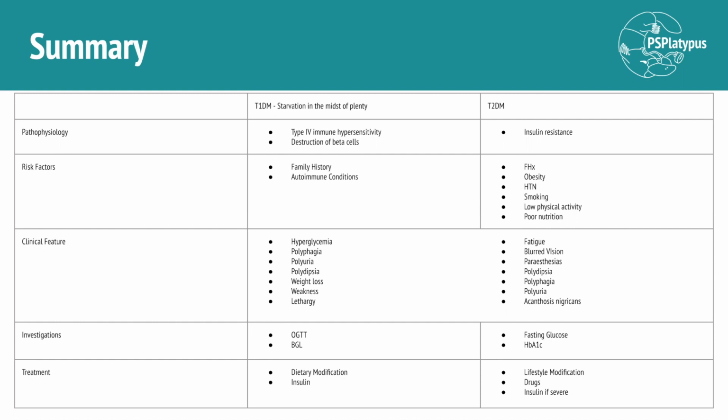Stating that a patient who's young and has diabetes or high blood glucose has type 1 diabetes is no longer always true, as it may be due to type 2 diabetes.